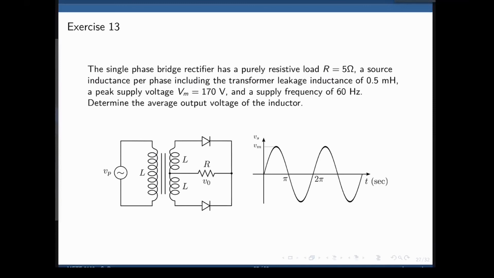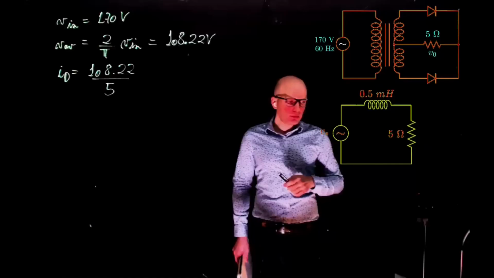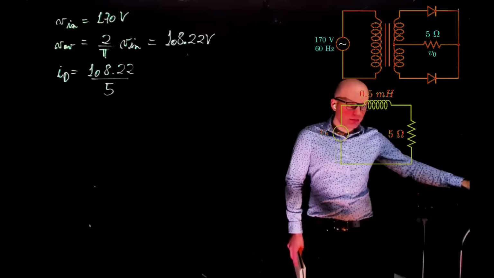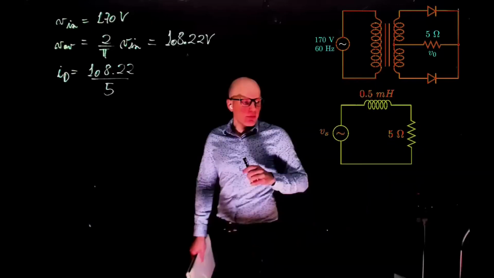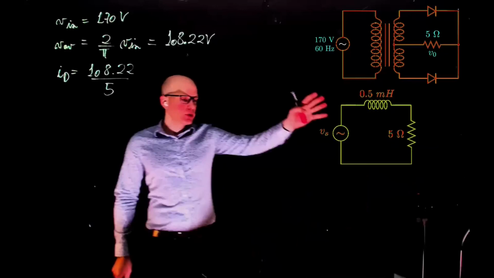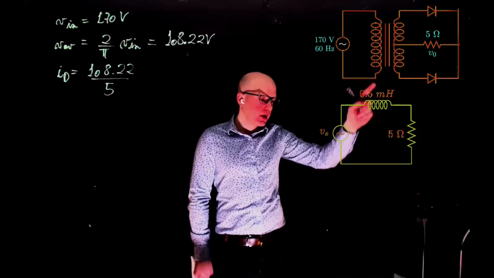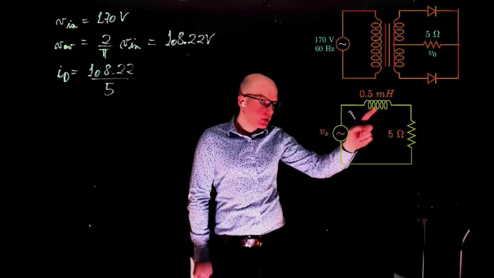In the example we had before, we disregarded the inductance, but now the transformer has a leakage inductance. So what is the voltage drop here that will occur?